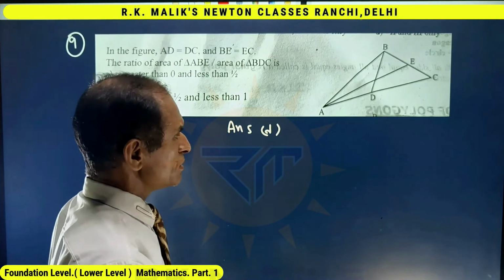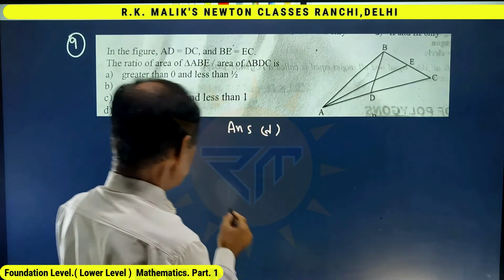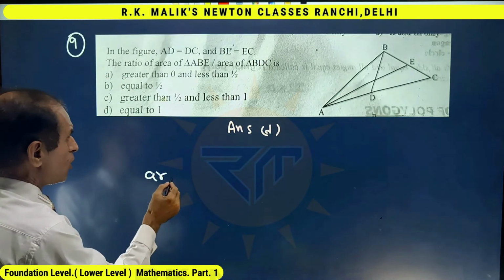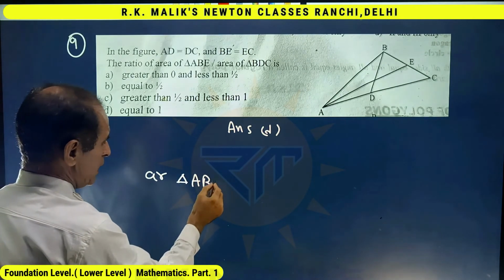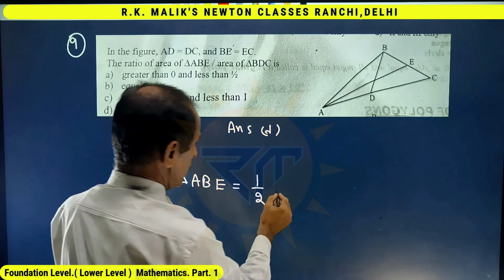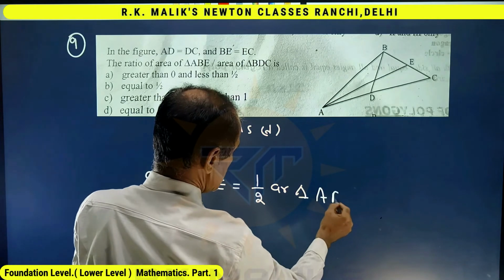It's very easy because BD is the median, hence I can say the area of triangle ABE will be half of the area of triangle ABC.